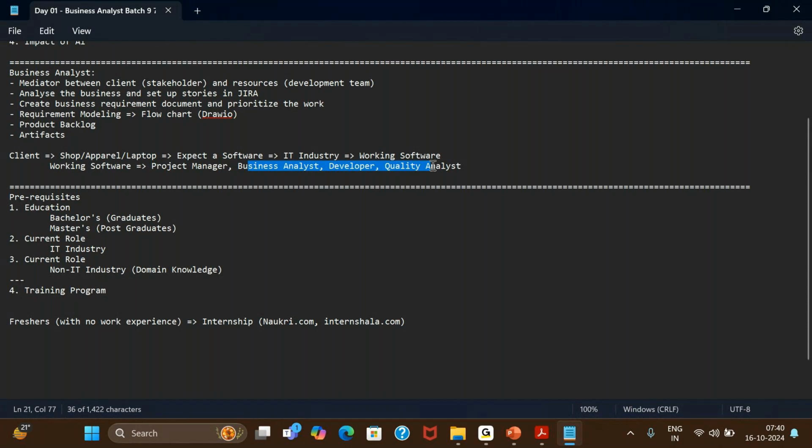A BA is supposed to be more inclined towards the business aspect: how the business is executed, how the client is going to benefit out of it, what the pain points of my client are, what kind of challenges they are facing in their industry currently, and how I can build a software which can help eliminate their pain points or streamline those solutions, at least for my client.